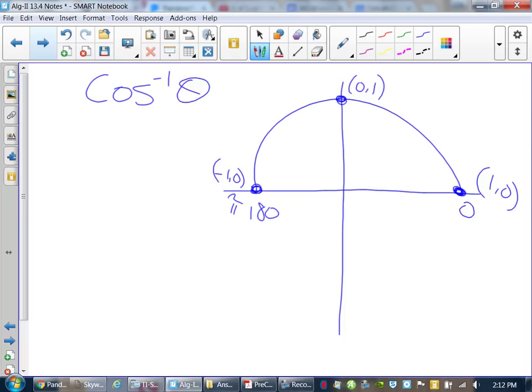Like give us inverse of sine, okay, what's the sine of pi over 4 or something like that? The sine of pi over 4 is root 2 over 2. What angle has a sine of root 2 over 2 is pi over 4. You're going in either direction with them. So yes, I see what you're saying.